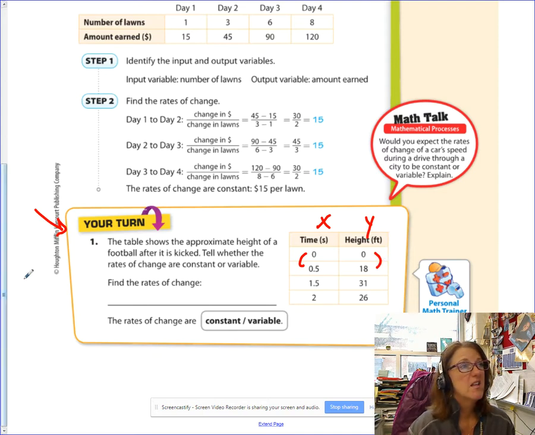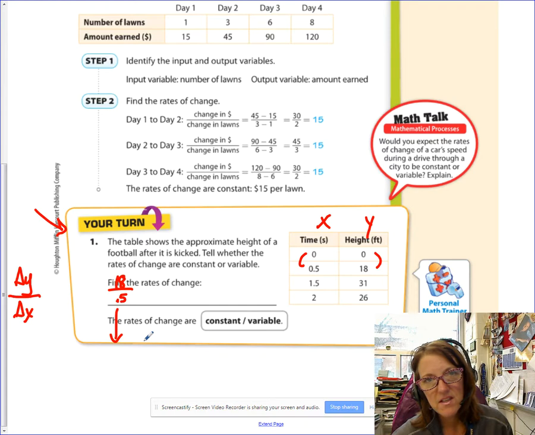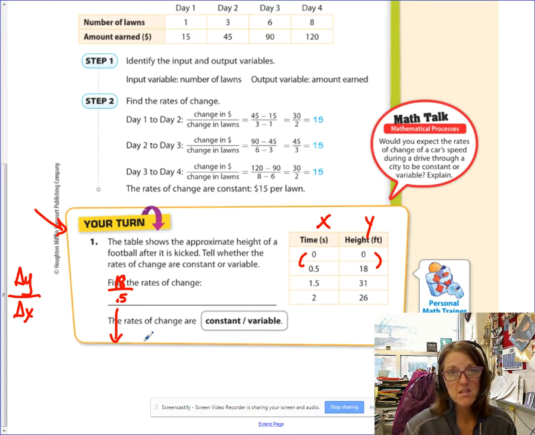Keep in mind the change in y over the change in x. I've got to say from 0 to 18, here's your first fraction. 18 over half a second. Now listen, that's not the greatest number to put up there because it's not a unit rate. So take 18 and divide by a half.